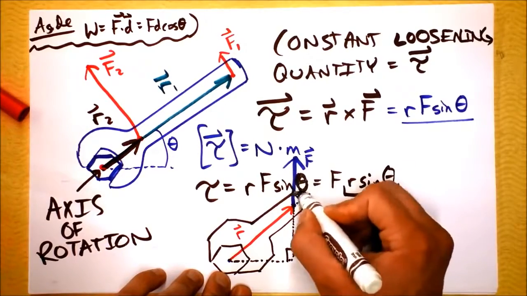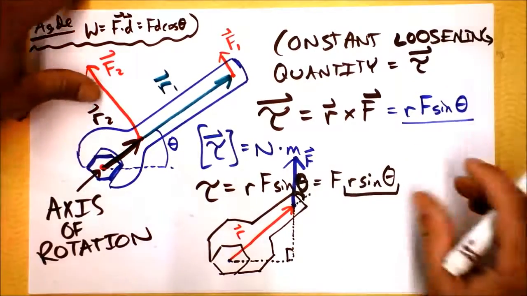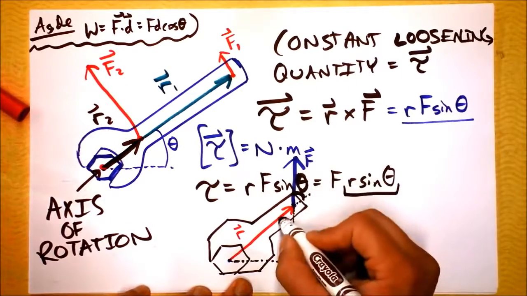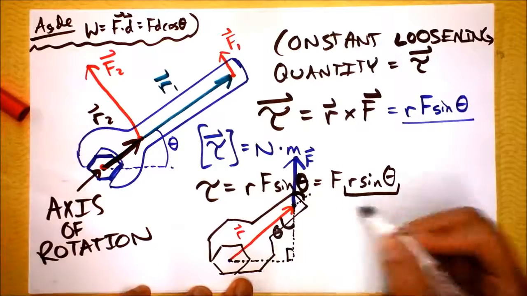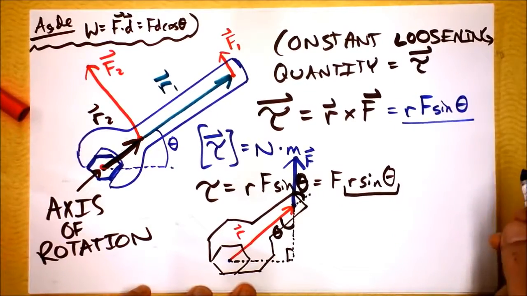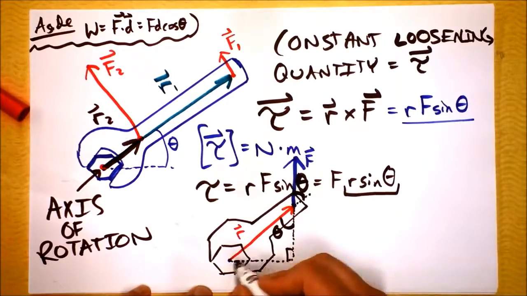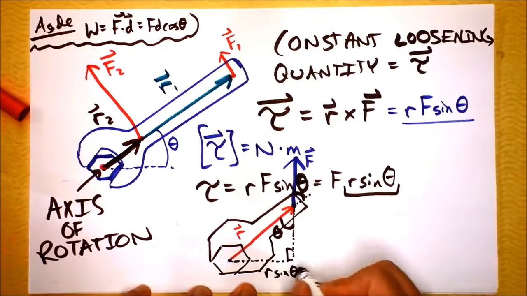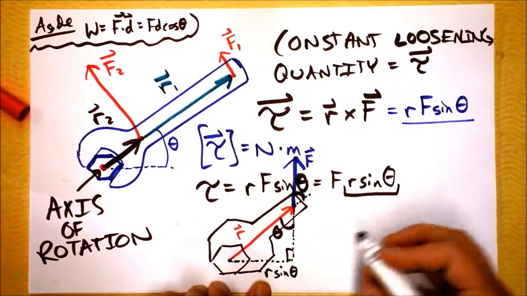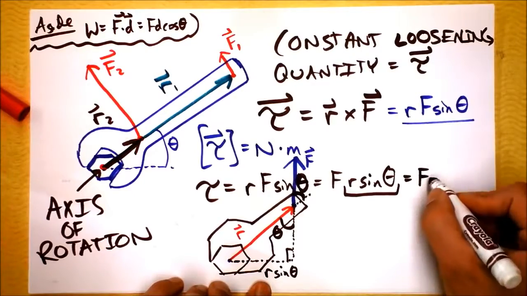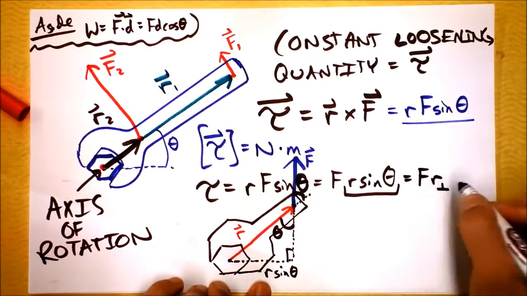This is the angle between F and R. So that's theta, and that means that this is also theta right there. Check to make sure that you believe me. Is this also theta if that's theta? I hope so. So this component right here is R times sine of theta. This is called the moment arm, and I'm going to write it F times R perp.